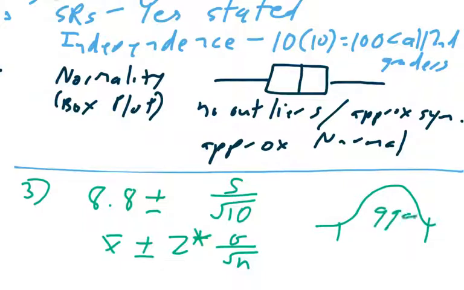Well, if there's 99% in the middle, that means there's only 1% out there, so 0.5% out here and 0.5% out here.